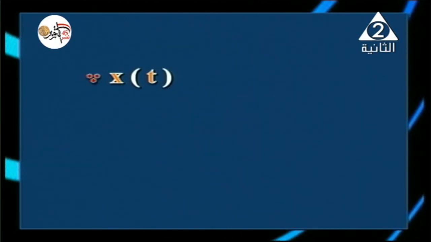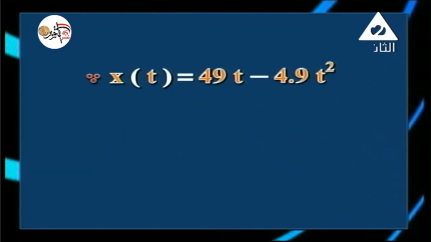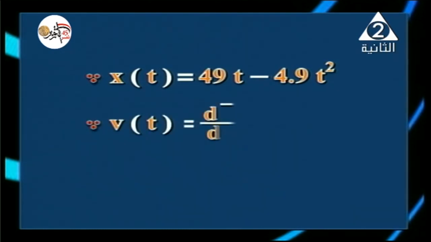My dear student, x of t from the given equals 49t minus 4.9 t square. What is the velocity? Excellent student. It is the differentiation of the position vector with respect to time t.